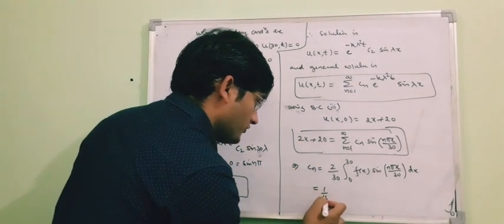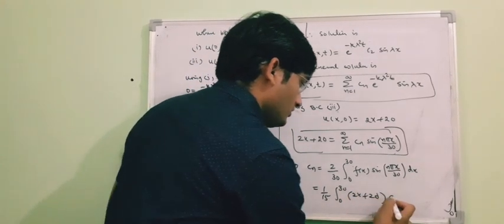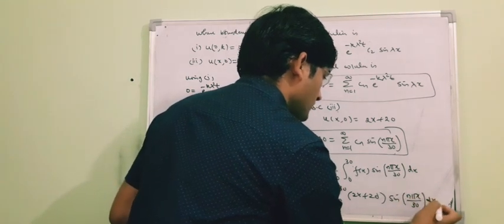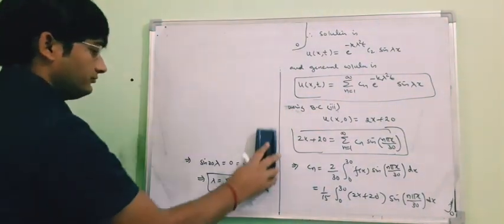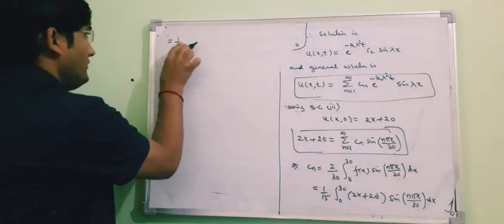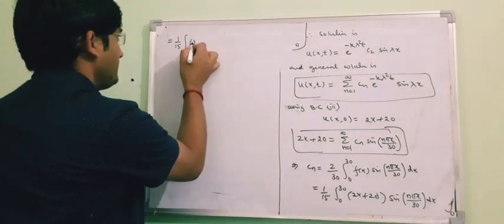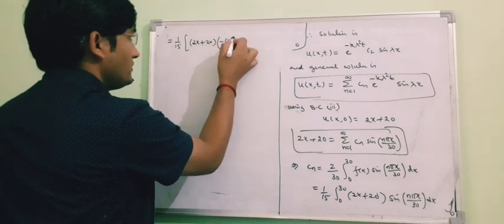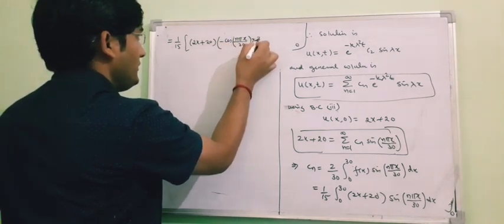So this is equal to 1 upon 15, 0 to 30, (2x plus 20) into sin(n pi x upon 30) dx. Now let us integrate this term. On integration, we have 1 upon 15. Now for 2x plus 20, the integration of sine will be minus cos(n pi x upon 30) into 30 upon n pi.